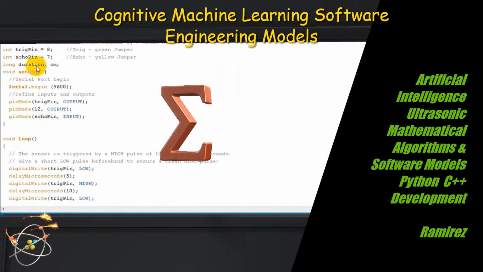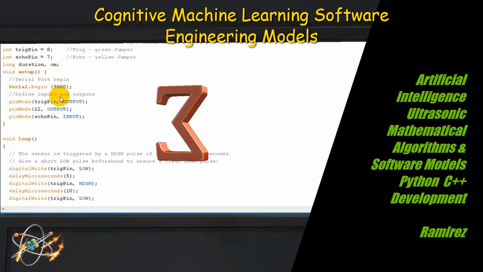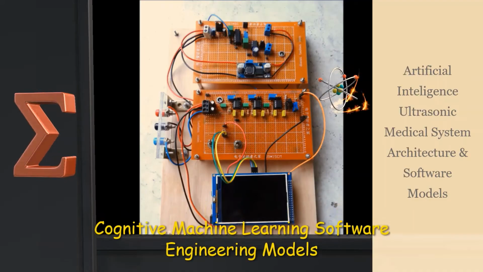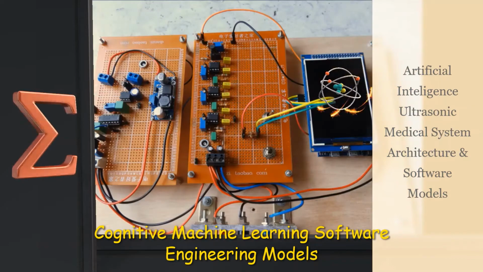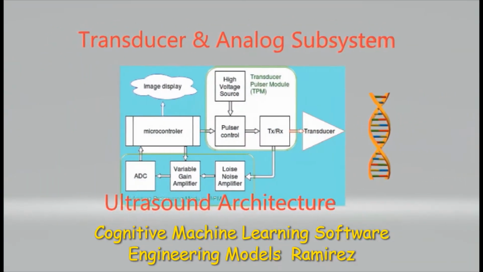Ultrasound flow detection. A void in a solid material reflects some energy back to the transducer, which is detected and displayed.